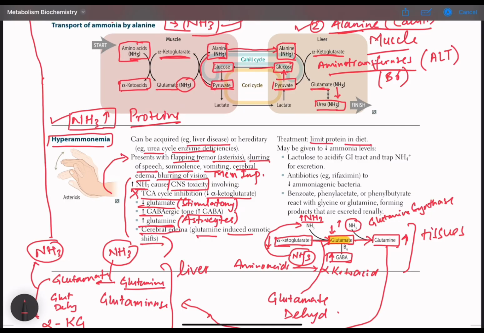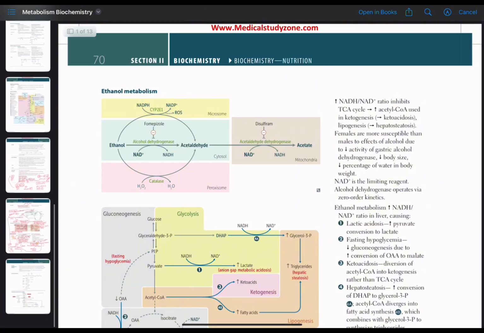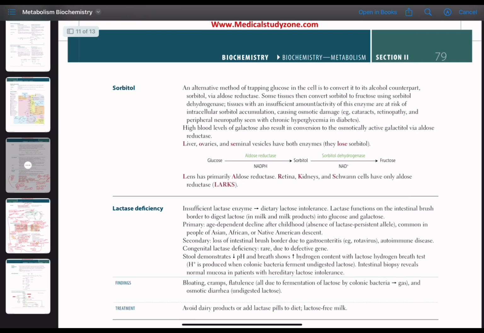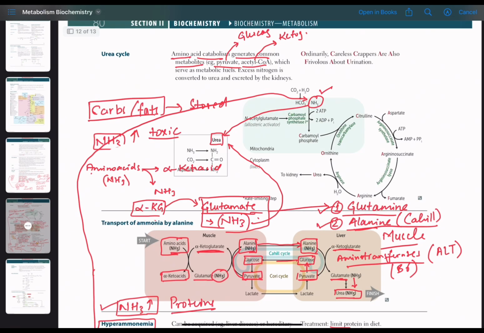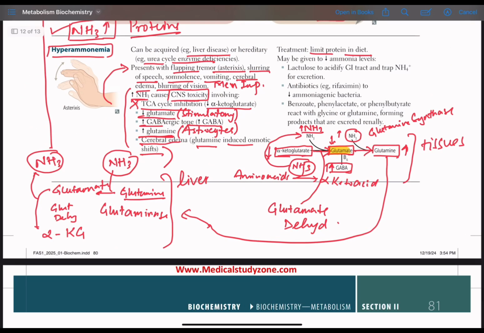The second method is to give certain drugs which can decrease the ammonia levels. The very first drug is lactulose, which is a laxative to acidify the GI tract.